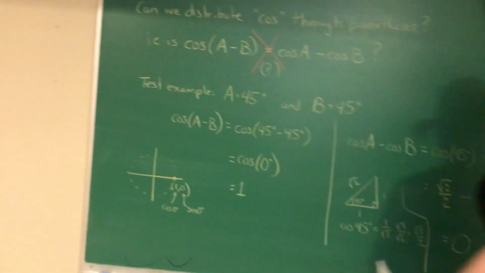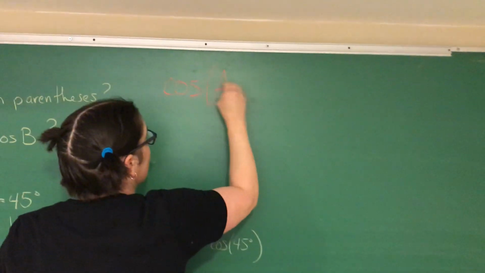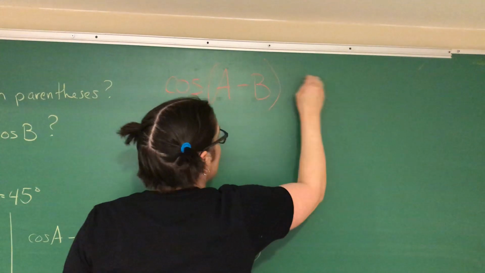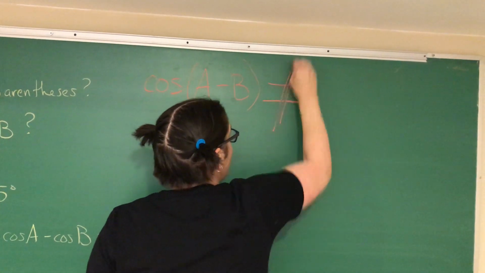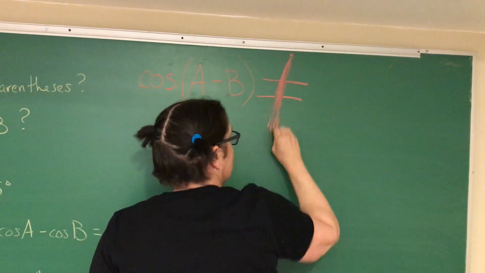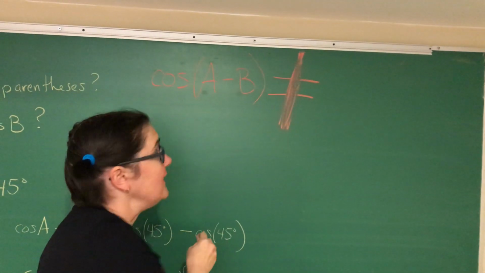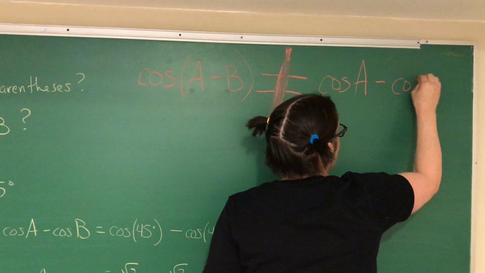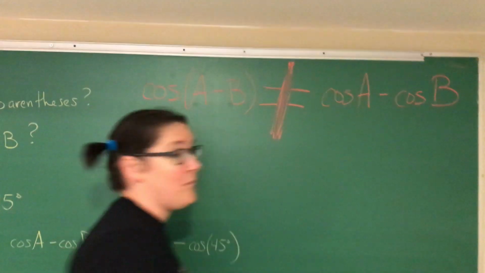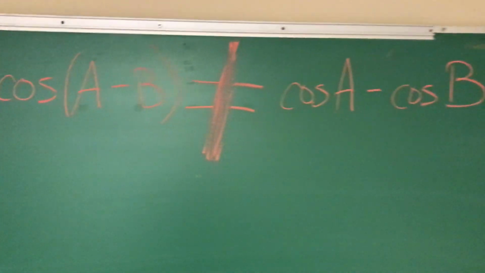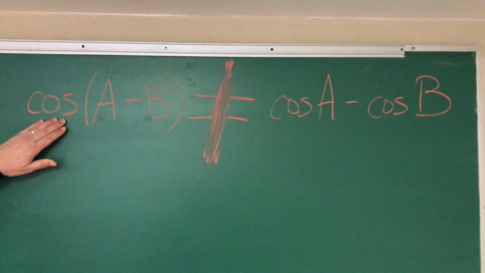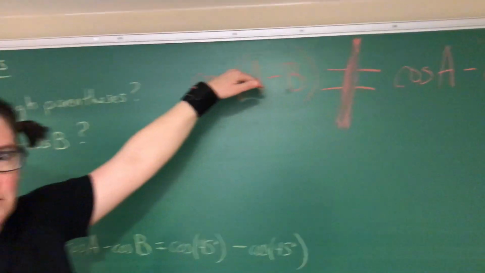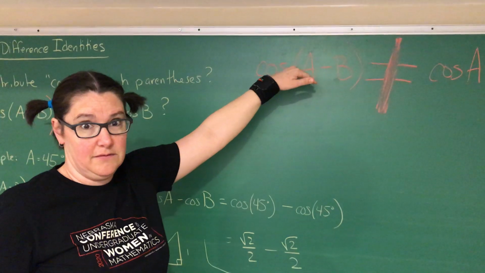So big note up here on the board is that cosine of A minus B is not equal to cosine of A minus cosine of B. So no matter how tempted you are to distribute that trig function through the parentheses, do not do it.